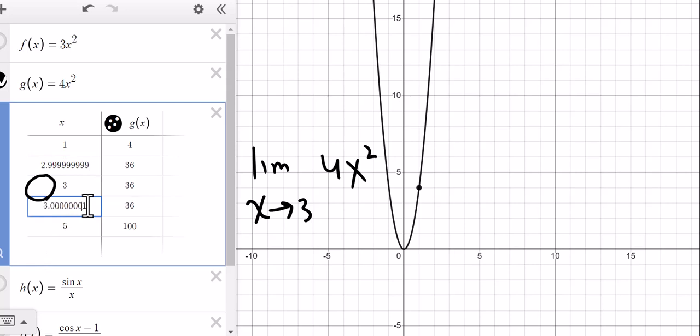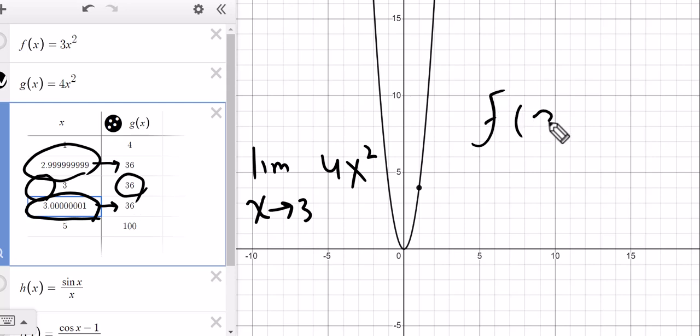I never typed in the number 3 here, and this is not 3, this is 3.0001. But I pretty much fooled the calculator to tell me, hey, pick a number between 36 and 36. Good job, 36. So for this problem, f of 3 is 36, but so is the limit. And that's because it wasn't undefined.